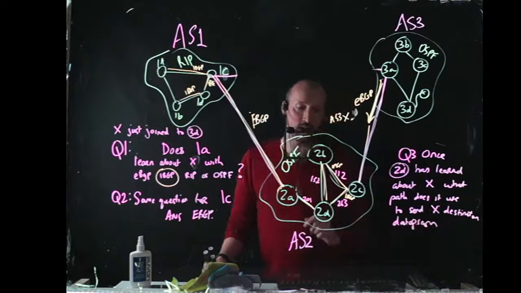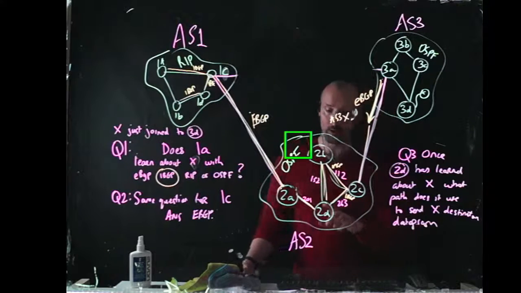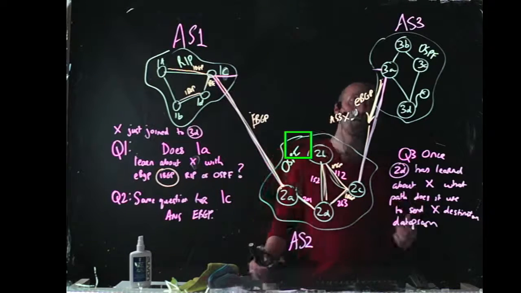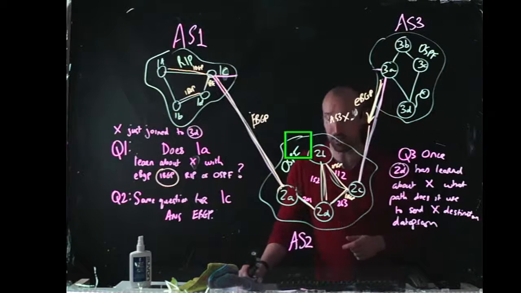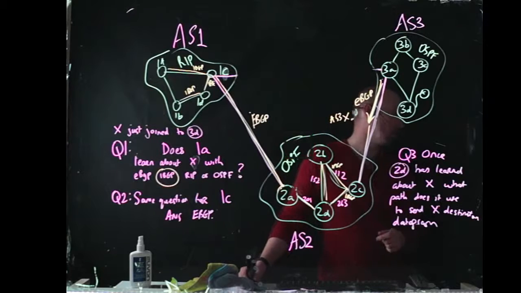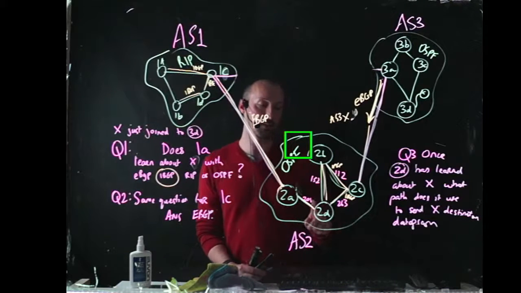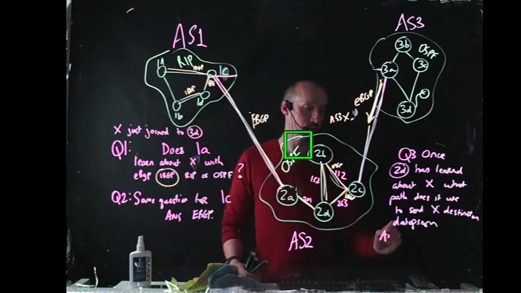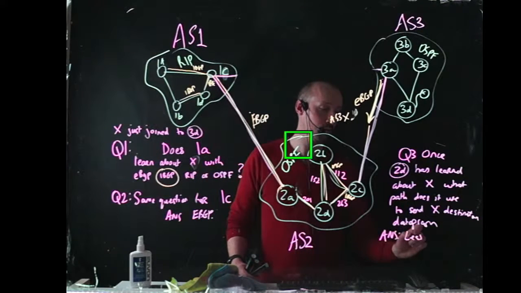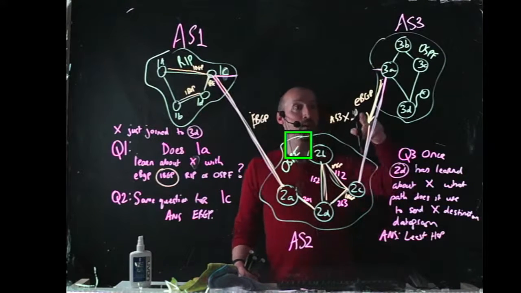So this is 2D down here. Which path could it be? Will it be on this path or this path? Well, you need to know a little bit more information. You might be asked about, for example, using the hot potato approach, or you might be asked to just simply go at least cost path. Sorry, if it's the least hop path, you're going to go in this direction. So the answer would be least hop would go in this path.